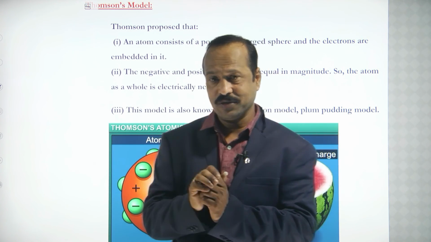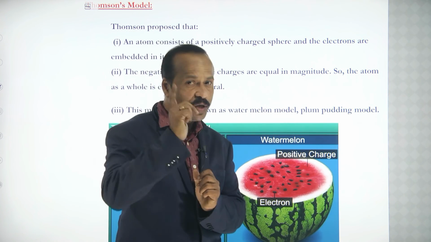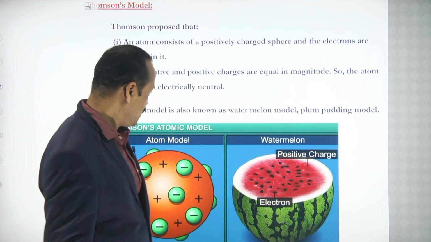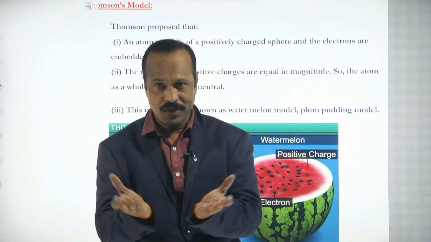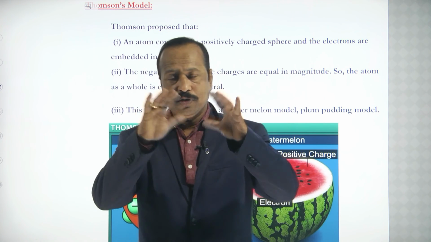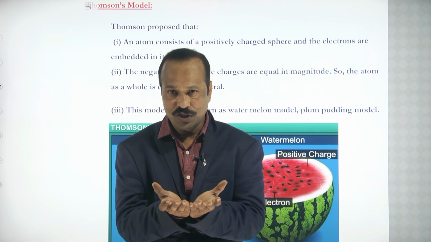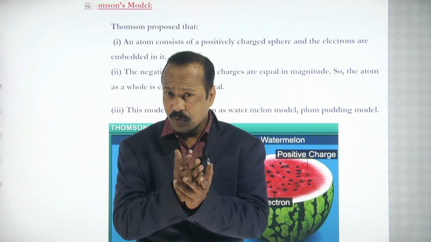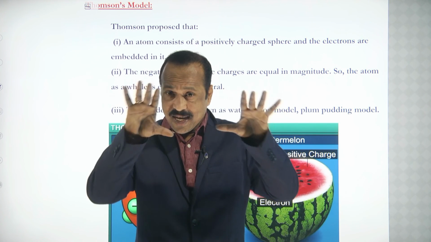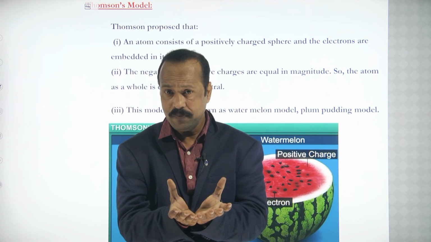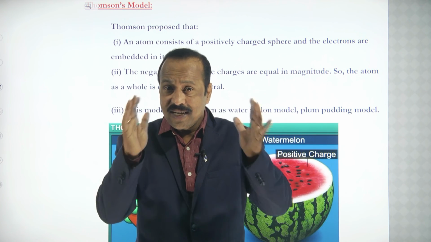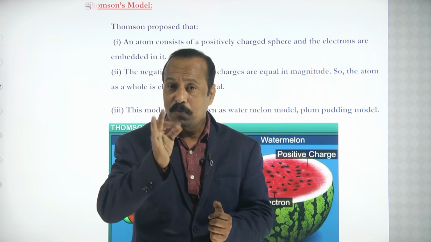How can you understand this very easily? Think of a watermelon. Watermelon is spherical in shape. When you cut the watermelon, what do you find? A red colored mass is present throughout the watermelon, right? So this red colored mass is nothing but the positive charge.